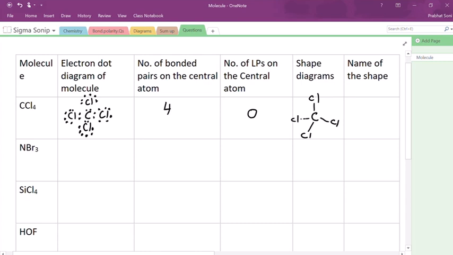Here I think I'll take this time to show you the convention that is followed when these things are shown. When you want to show a 3D shape like this in molecules, the bonds which are within the plane of the paper, within the plane of the screen, are shown with a simple straight line. The thing which is sticking out of the screen, coming out of the page, is shown with a wedge.